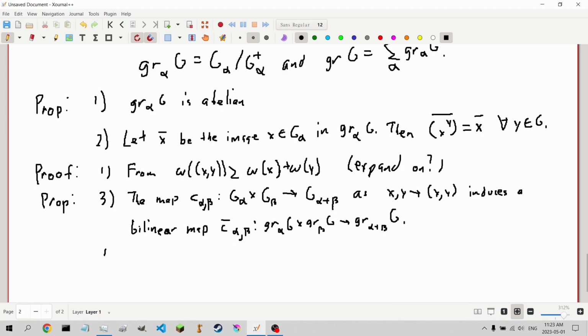And we have a second proposition to go along with it, which is this bilinear map we have generated.